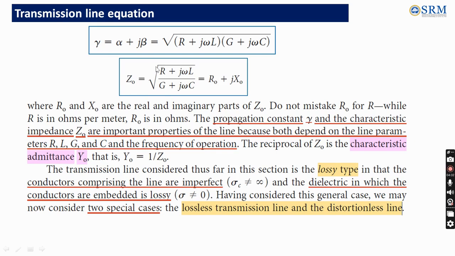Propagation constant γ and characteristic impedance are the important properties of the transmission line because these depend on the transmission line parameters R, L, G, and C, and also the frequency of operation. From this ω term, we know it is 2πf. And we can find one more thing called characteristic admittance, represented by Y0, which is the reciprocal of characteristic impedance.